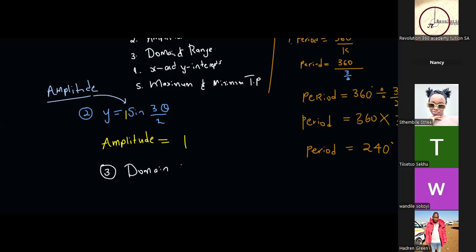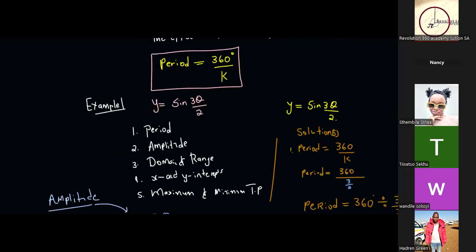I forgot to write the restriction. We are given a restriction where theta is less than or equal to 180 degrees, and greater than or equal to minus 180. This means we are dealing with the trigonometric function sine.